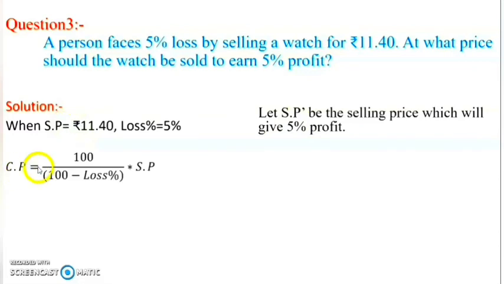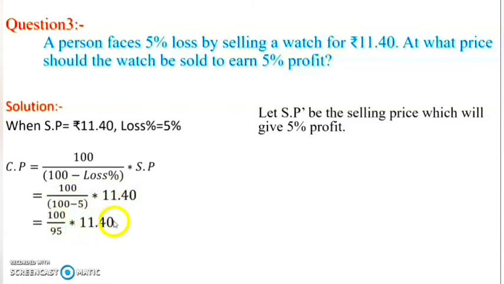So the formula is CP equal to 100 upon 100 minus loss percentage into SP. Now loss percentage is 5 and SP is equal to 11.4. So this gives 100 upon 100 minus 5 into 11.4, which is same as 100 upon 95 into 11.4, which gives rupees 12. That is, the cost price of the given watch is rupees 12.